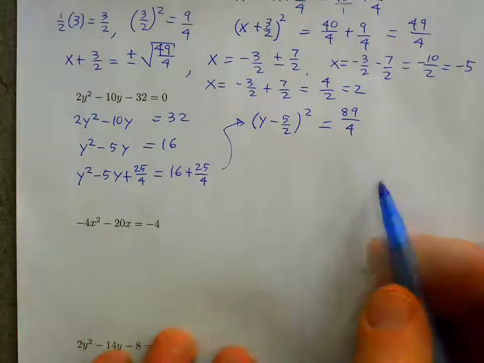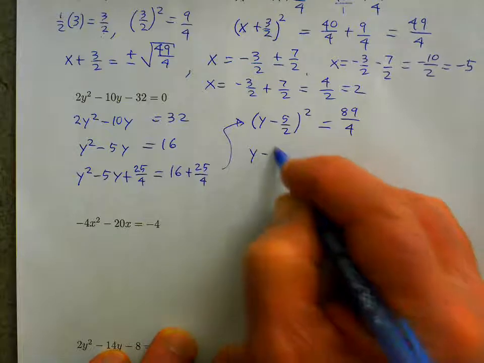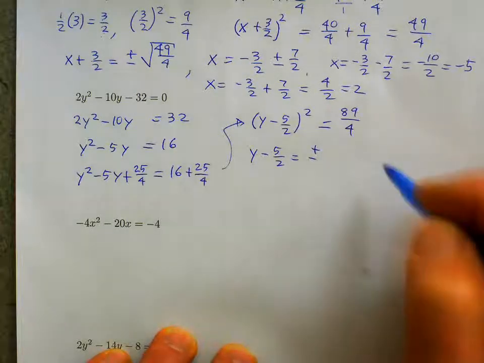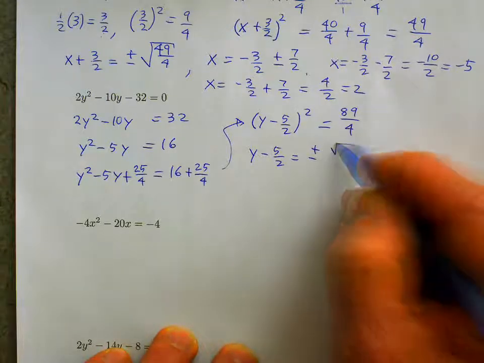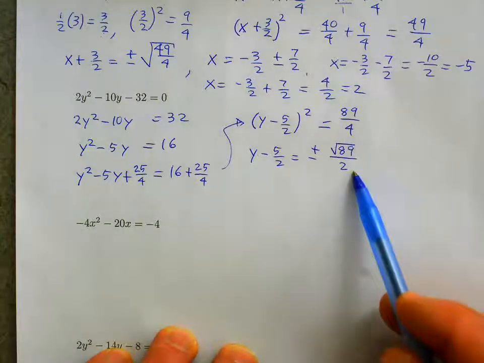Then we apply the square root property. We get y minus 5/2 equals positive and negative square root of 89/4, but I'm just going to write it as the square root of 89 over 2 because the square root of 4 is 2.